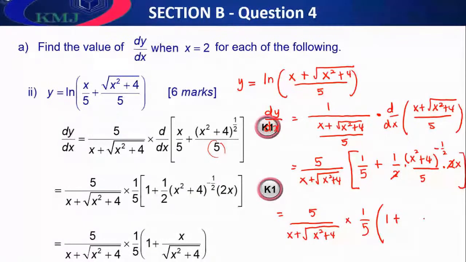So what is left here is x over √(x² + 4).